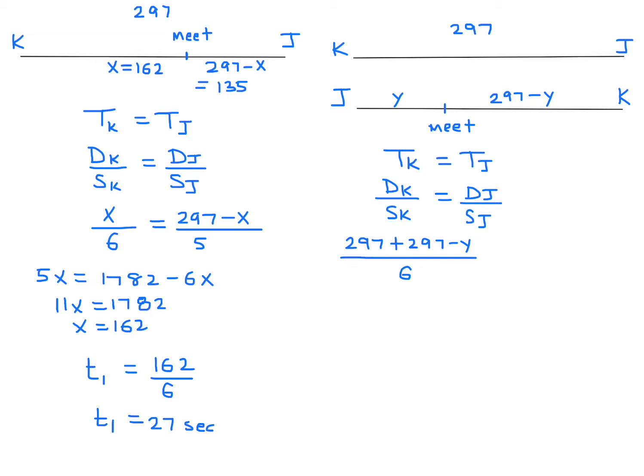And her speed throughout is 6, so we don't need to worry about her speed changing. Jorge is a little bit different. First he goes all the way there, so 297, but when he's going in that direction, he's traveling at 5 meters per second. But then he turns around and comes back that way. So it's y, but this time his speed is a little bit different, 7.5 according to the question.